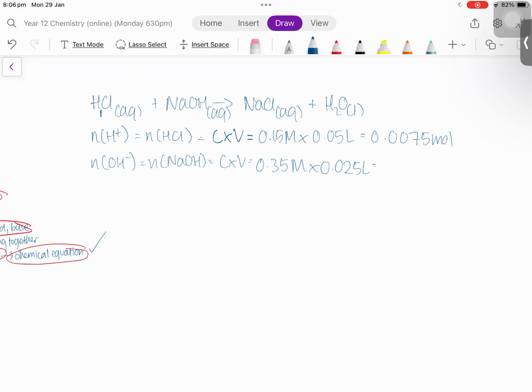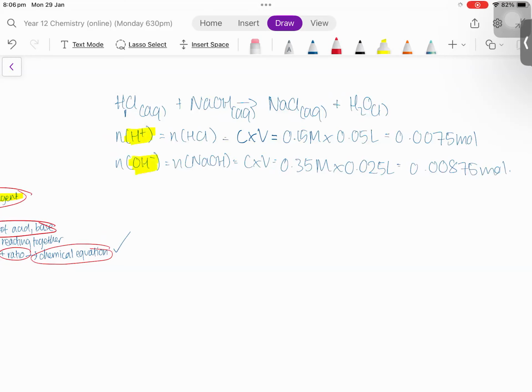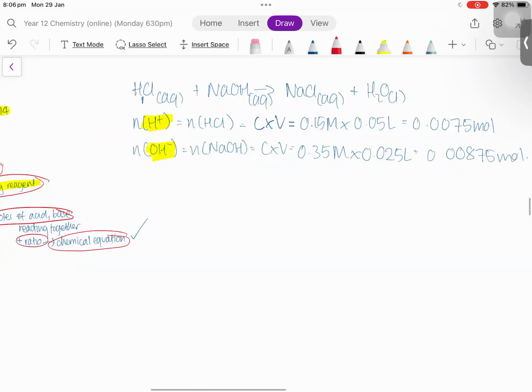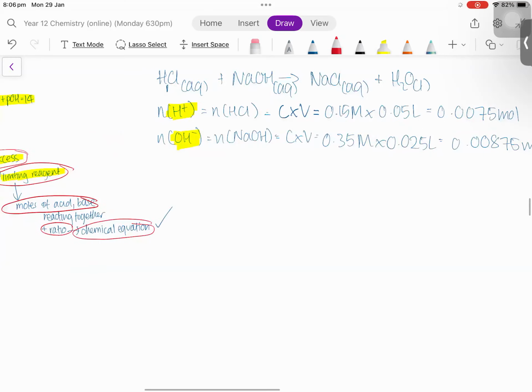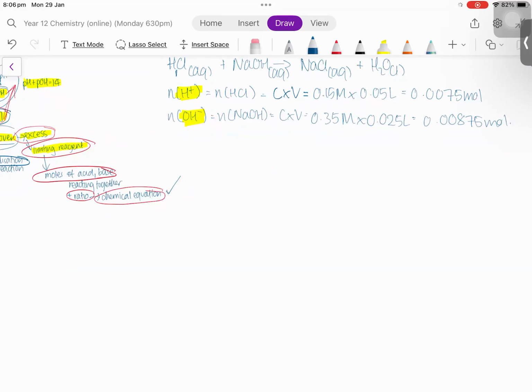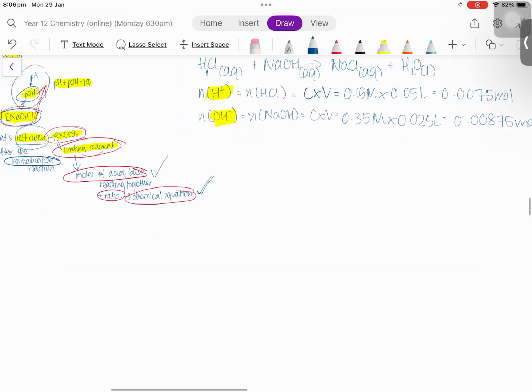And for the base. 0.00875. Thank you. So I jumped straight to the H plus and the OH minus, so I don't have to worry about the ratio in the equation. I know that the H plus and the OH minus react in a 1-to-1 ratio anyway. So I've got my equation, I've got my moles that are reacting together.